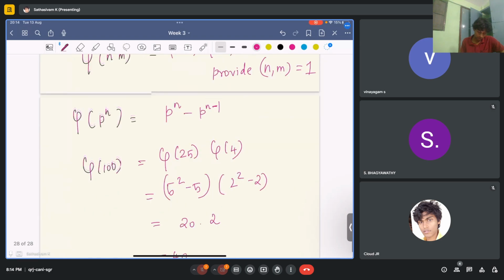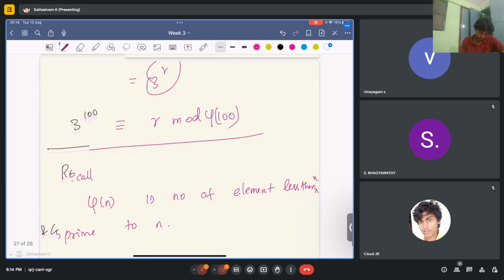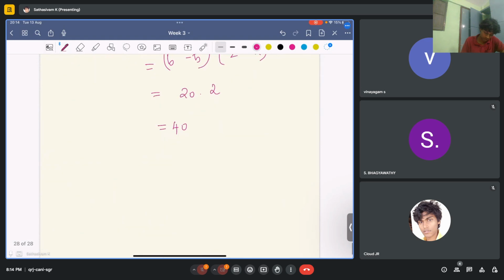Okay, now what we have here? We have it is equal to 40. Okay. So now I want to find this R. This is what we want. But we find what is phi of 100. So what we have is 3 power 100 congruent to R mod 40. Okay.